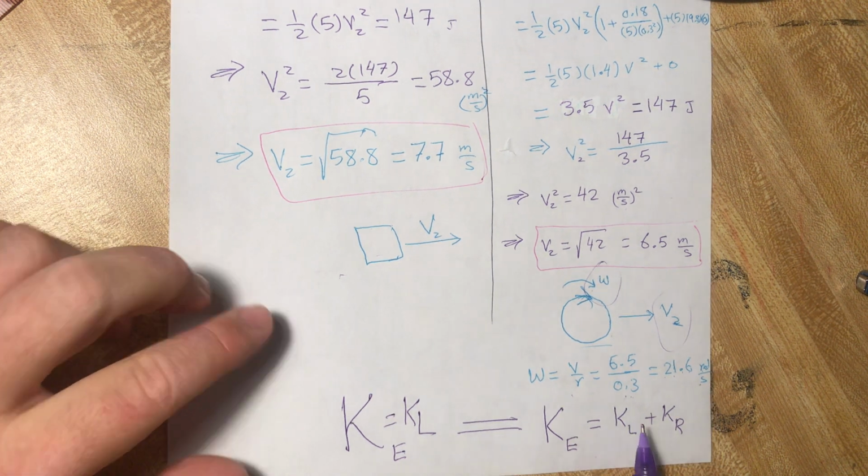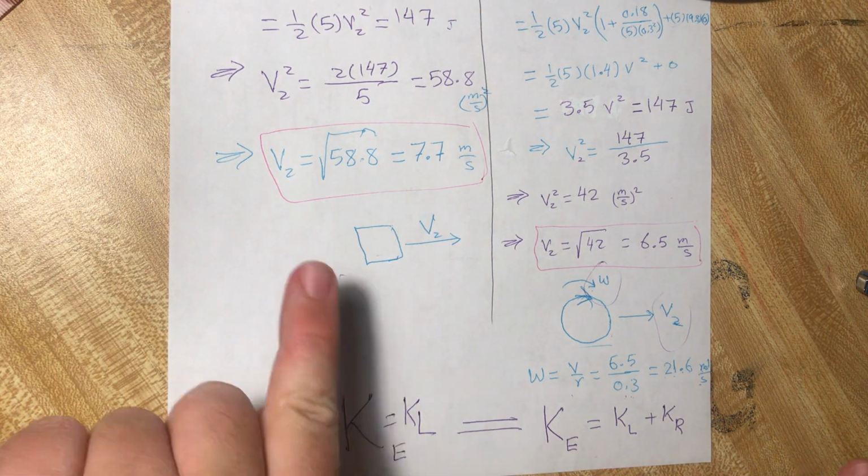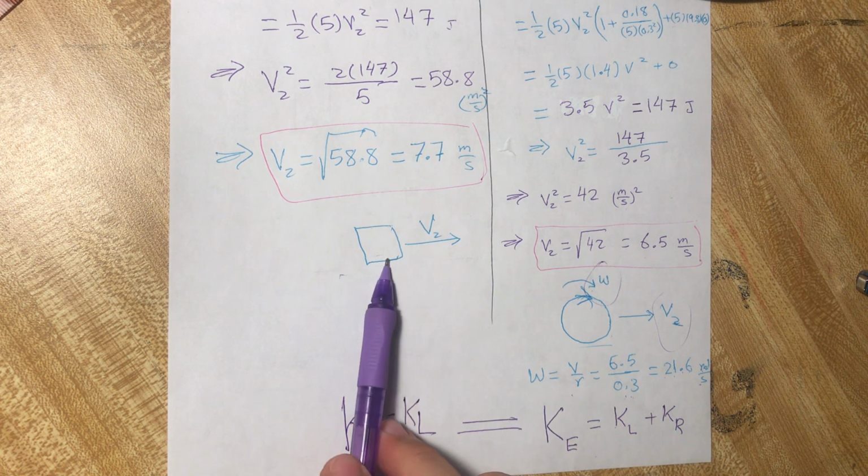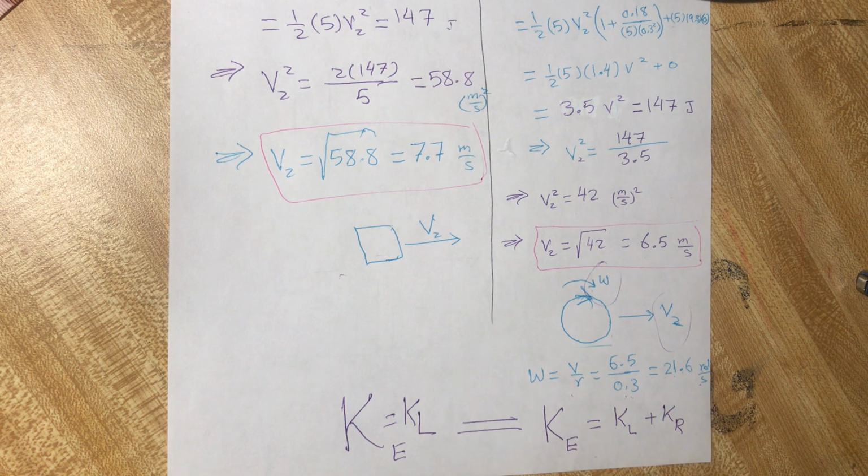But in this system, it is divided into two terms, two kinetic energies. But in general, it will be equal to the total mechanical energy. That means the mechanical energy will be conserved in kinetic energy, whether it is linear or rotational.